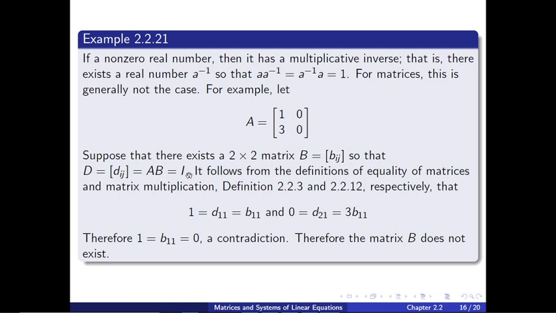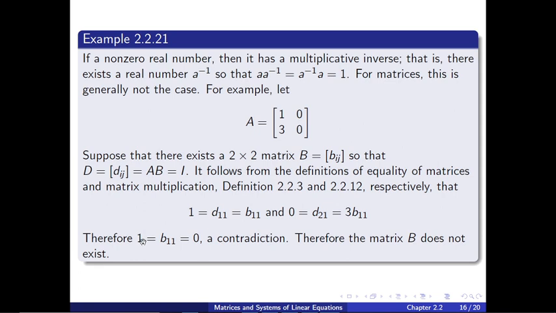And then if you multiply A times B, you find out that for this to be equal to I, we are going to have 1 equal to D11, which is equal to B11, and then 0, which is equal to D21, should be equal to 3B11 when you do the multiplication. And this means that B11 in this case is 0, B11 in this case is 1, so 1 will be equal to B11, which is equal to 0.